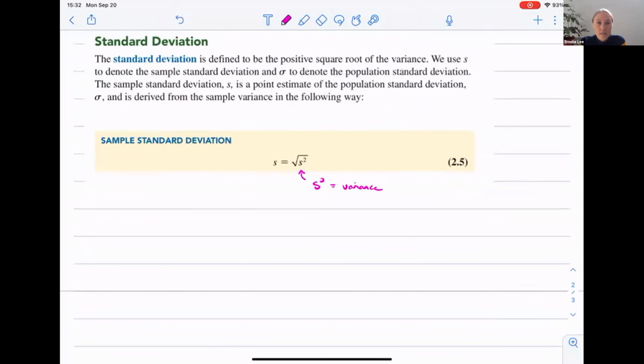Right? And it's the sample variance. And so the standard deviation is just the square root of the variance, the positive square root of the variance, mostly because we can't have a negative spread, right? We're always going to have either zero spread. You can't have like a negative spread. It doesn't make sense. So it's going to be positive. But most people just, when they take the square root, forget that you get a plus minus. So usually it's pretty safe. Okay.